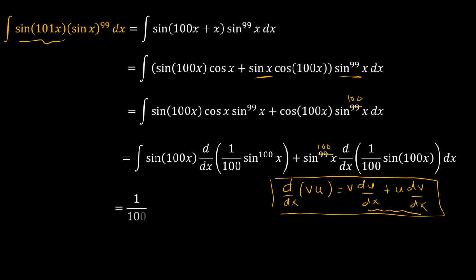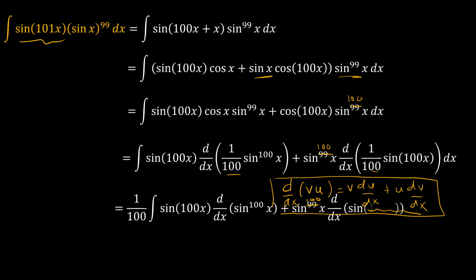So we can now pull the constant out, 1 over 100, and this now becomes 1 over 100, the integral of the derivative of sine of 100x times sine to the power 100x.